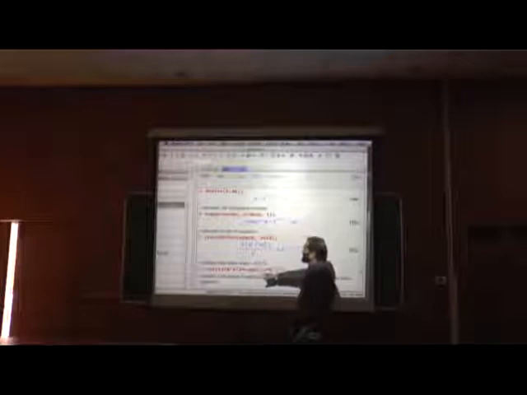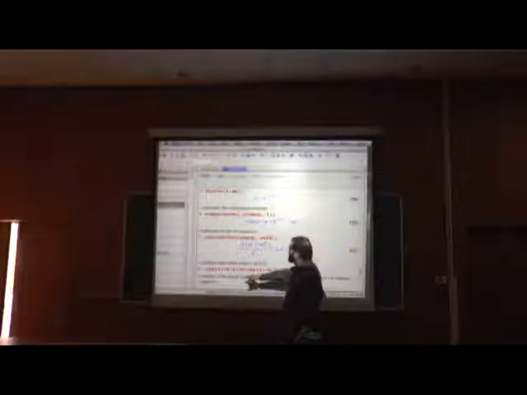To isolate this derivative, we take the negative of the left-hand side, multiply it times a squared to remove a squared, and then divide everything by 3. If we do all these operations, we isolate this thing. But if we do them on the left-hand side, we have to do them on the right-hand side as well.